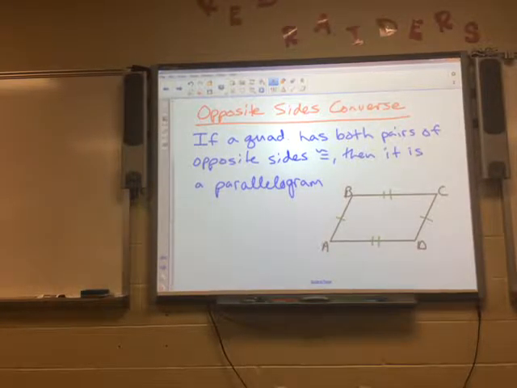Does that mean that all 4 sides have to be congruent to each other? No. When would they all be congruent to each other? If it's a square, good. Okay?